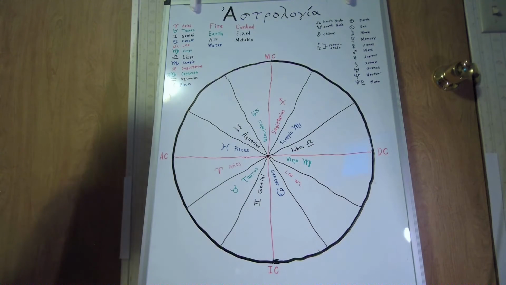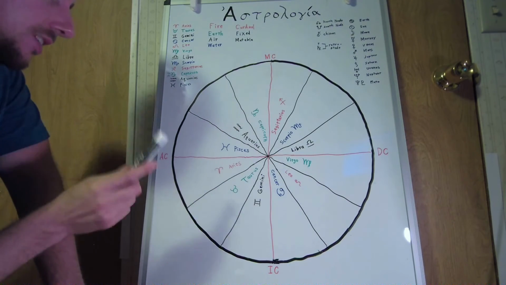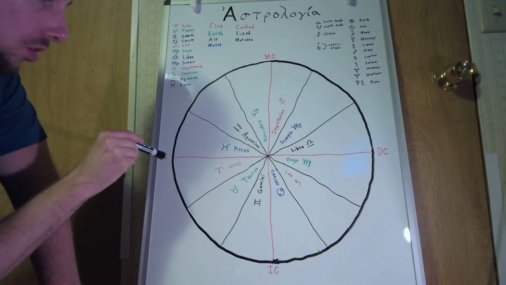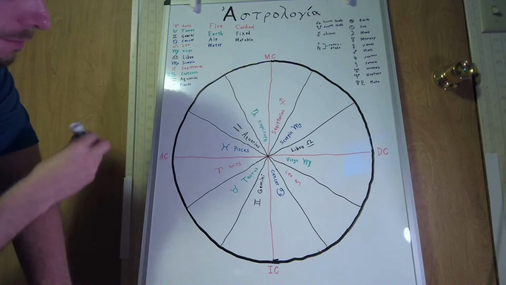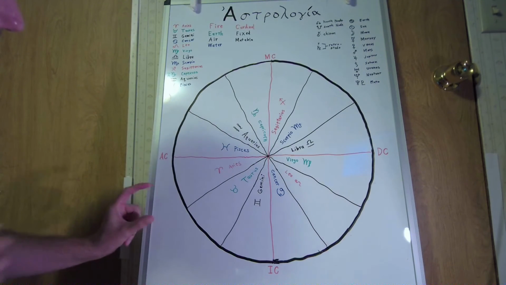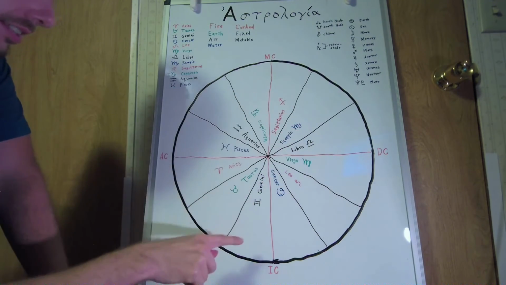So when we talk about the ascendant or rising sign, that is what sign is at this point when you are born, or at any given time and location. As I said, this whole thing rotates.